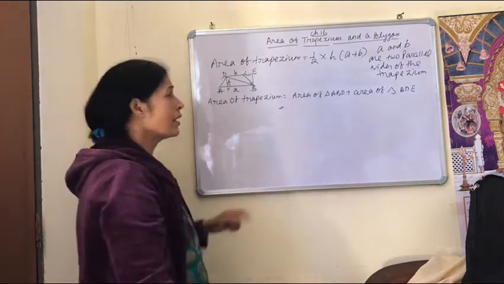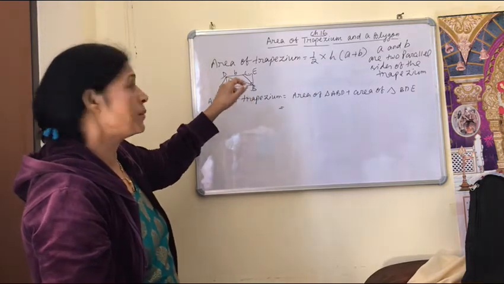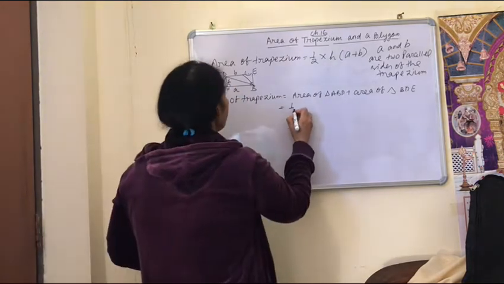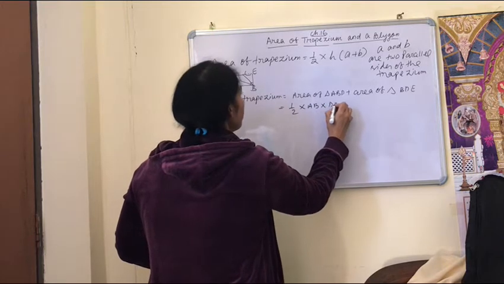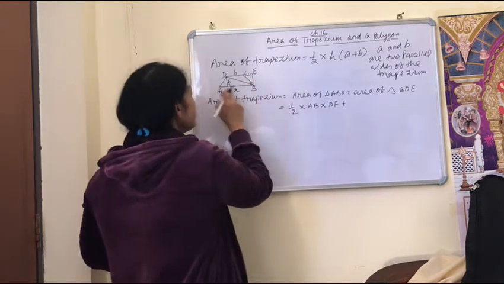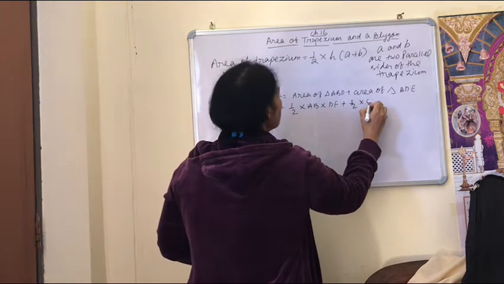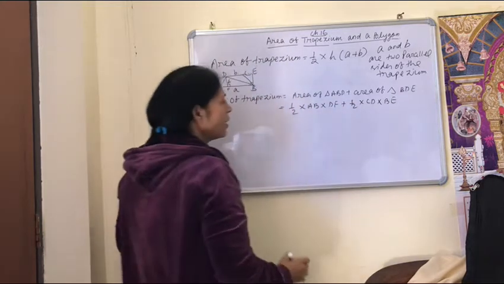So area of triangle ABD is half into base, which is AB, let it be a, into height, which is DF, plus in this triangle, half into base CD, that is b, into BE, which is also the height.